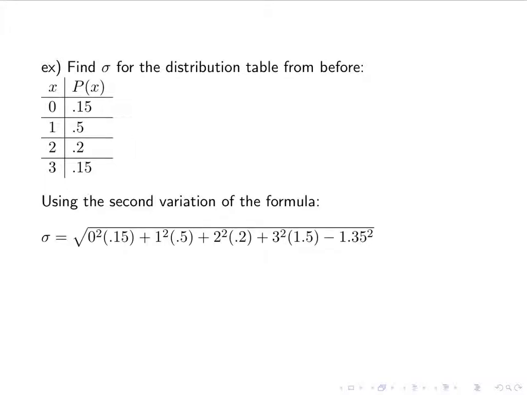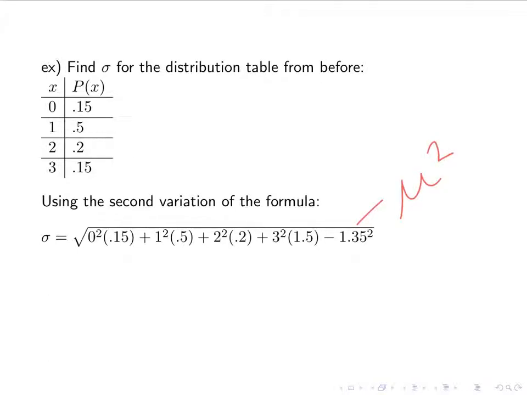And we'll do another one. So find sigma for the distribution table from before, which again I've recreated here for you. And in this case, we're going to use the second variation. So the second variation, remember, is the value squared times the probability. We're going to add all those up, and then at the end, we're going to subtract mu squared.